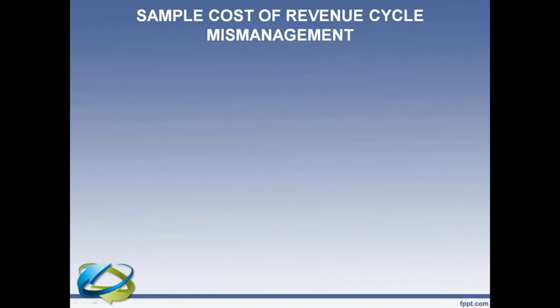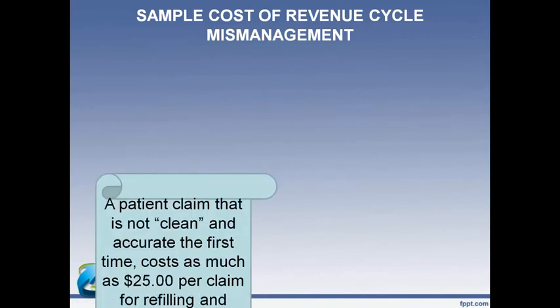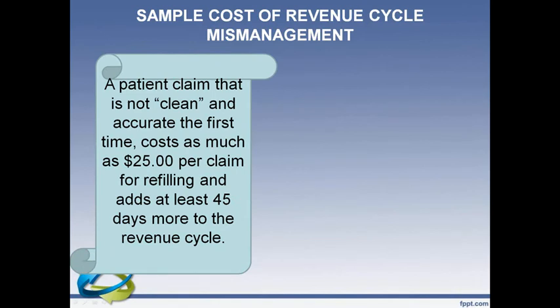What I'm going to discuss with you and give you some examples of now is what that mismanagement looks like. These are powerful tools that you can share not only with your staff, but with your coworkers, so when people don't do something, they can see what it actually looks like or costs.